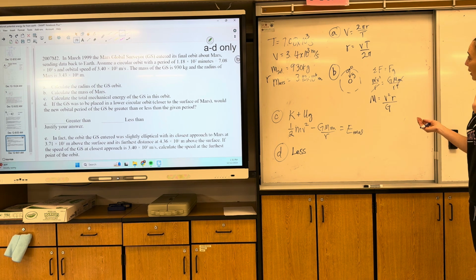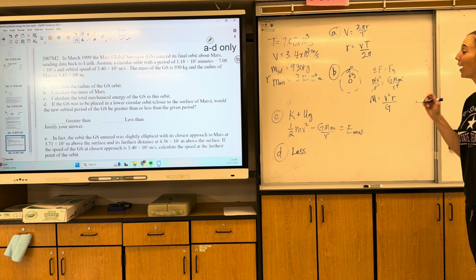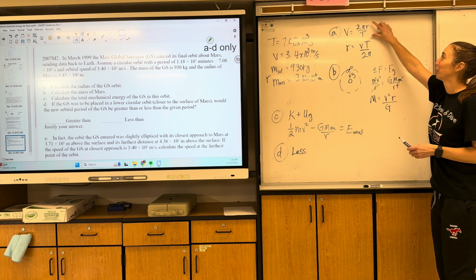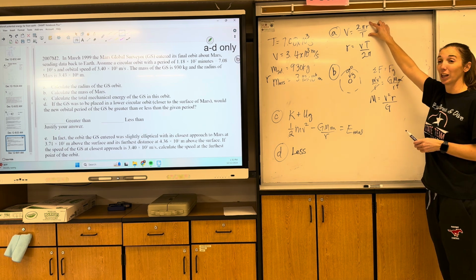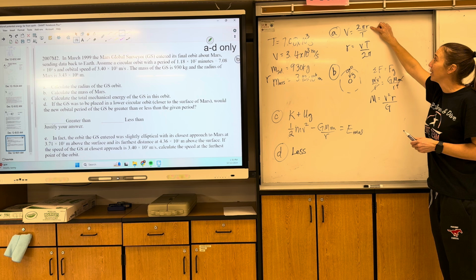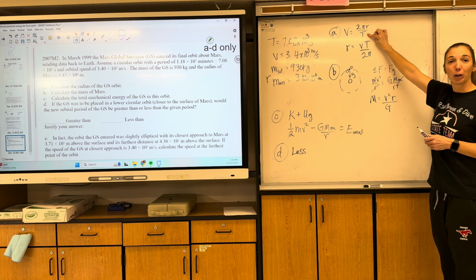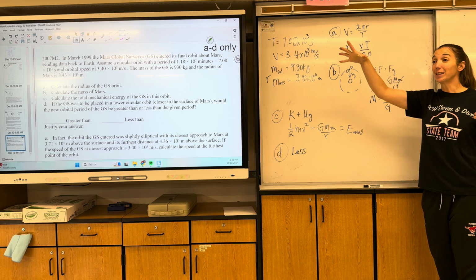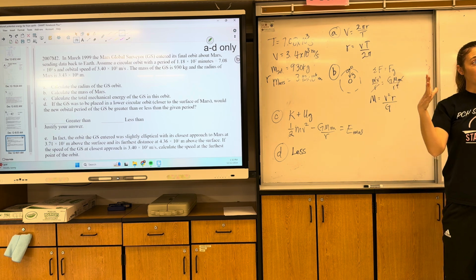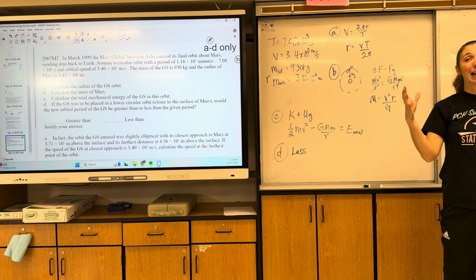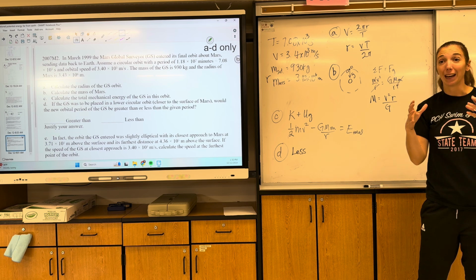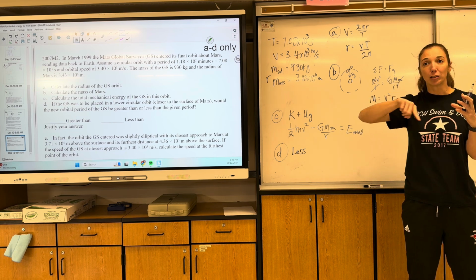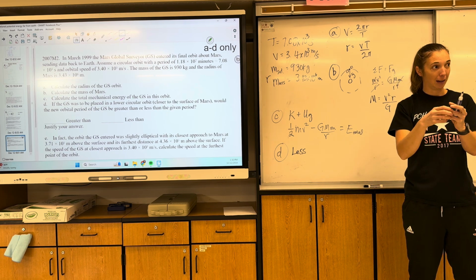So to do that, I've had a lot of people answer a question like this and try to justify it with this equation, saying that if radius goes down, period will go down. But that's assuming that velocity is constant. The velocity is not going to be constant when the radius goes down, because now the satellite is closer to the planet, so it has to move faster to avoid being sucked in.